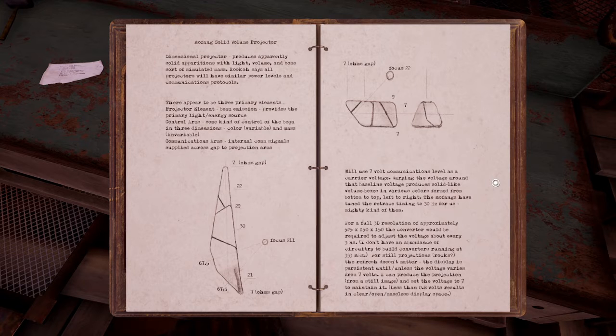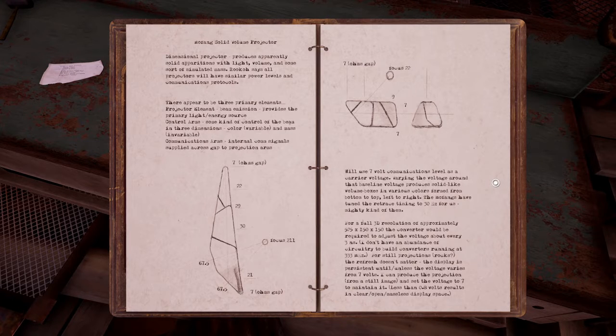For a full 3D resolution of approximately 525 by 150 by 150, the converter would be required to adjust the voltage about every 3 nanoseconds. I don't have an abundance of circuitry to build converters running at 333 megahertz.